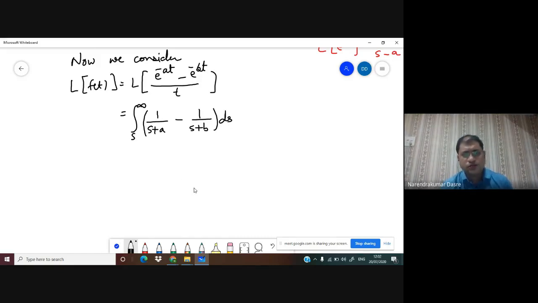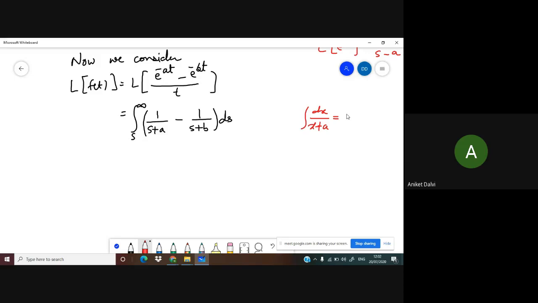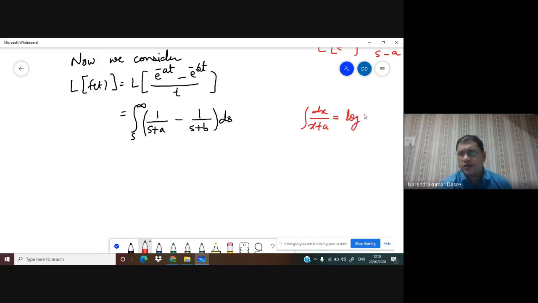Okay, now let us integrate. I want you to tell me what will be the integration of dx upon x plus a. So what is this integration? Log of x plus a.